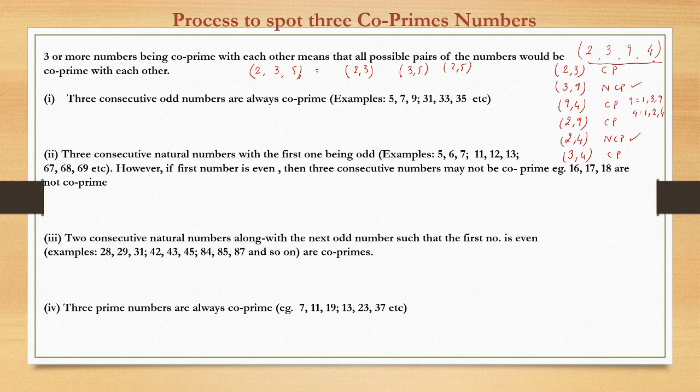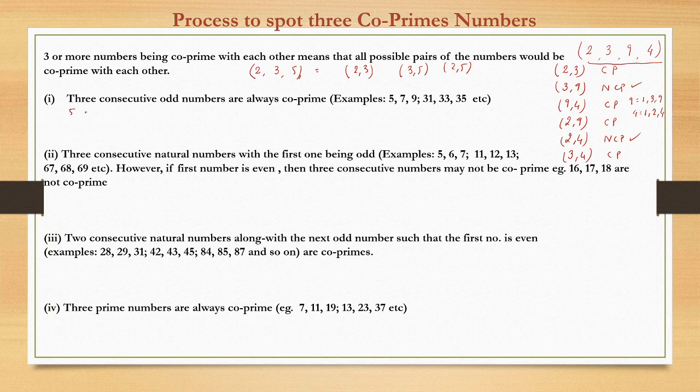So this is the way we understand the concept of co-prime in the case where we have more than two numbers. Now how to identify the cases of a triplet of co-primes? So here are a set of rules. Three consecutive odd numbers are always co-prime.